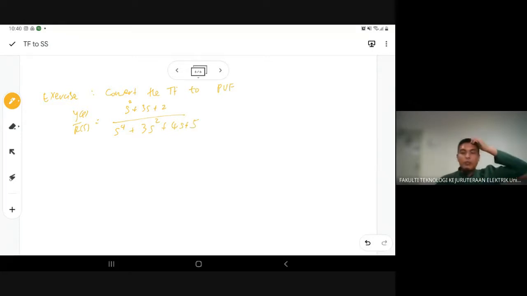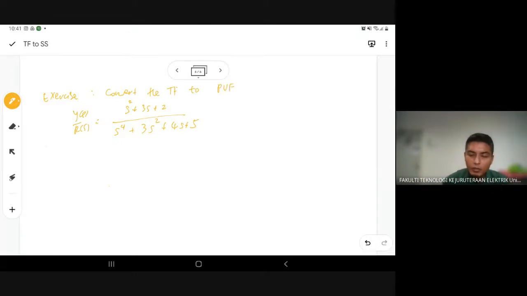Can you please do this question, and then submit the answer in the WhatsApp group? I will see your answer there. You can snap a picture, just use the simplest way.